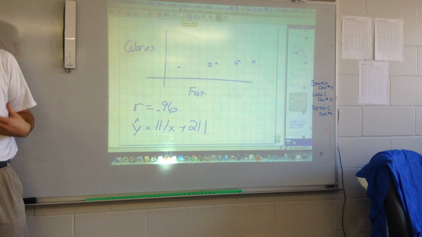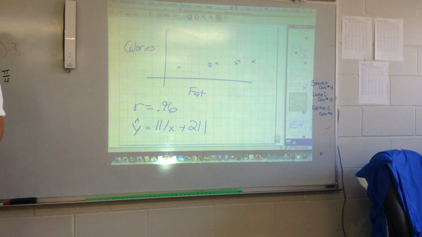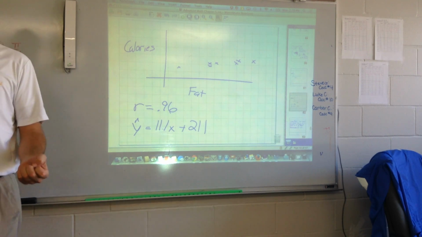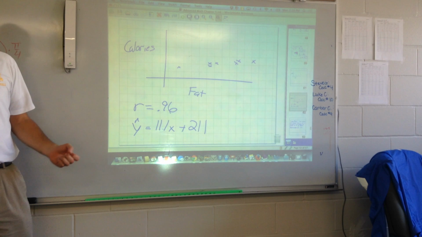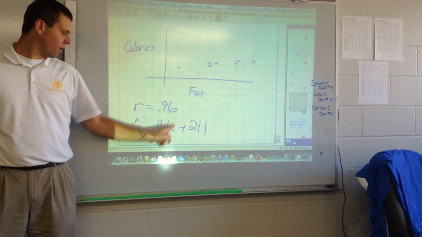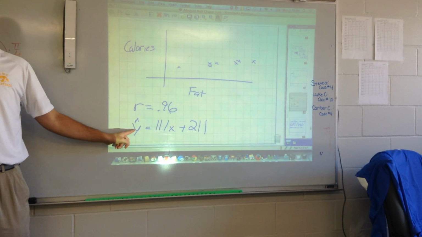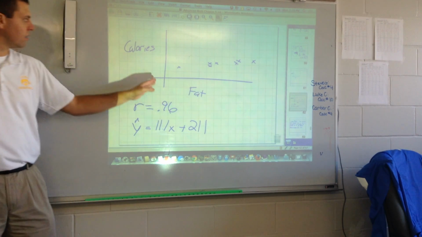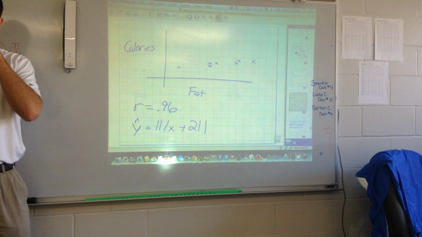If I said, let's try and predict how many calories a sandwich has that has 32 grams of fat, we could plug 32 in for x and see what we get for y. Because remember, x is your fat, y is the amount of calories.